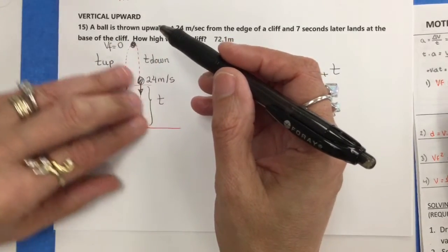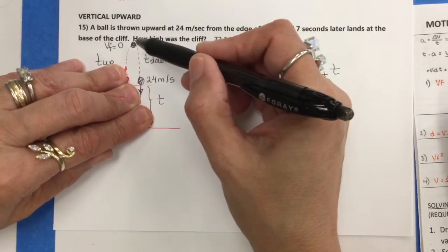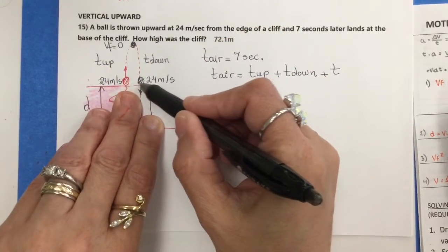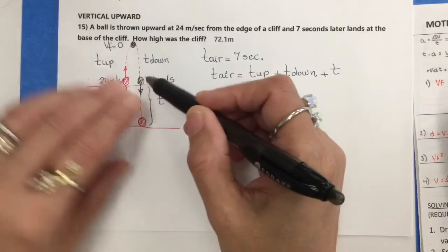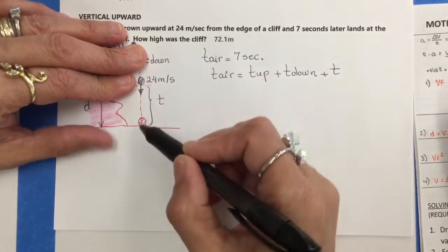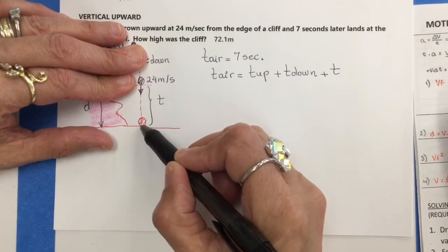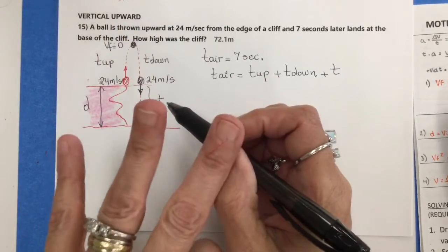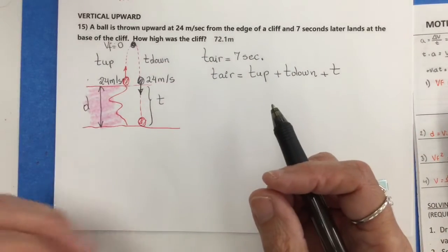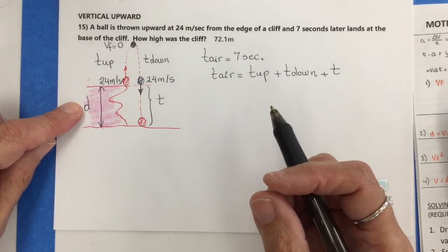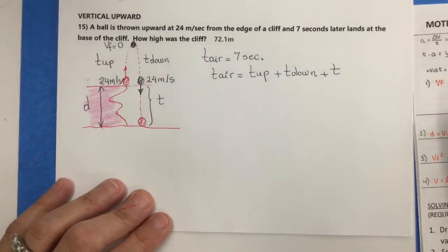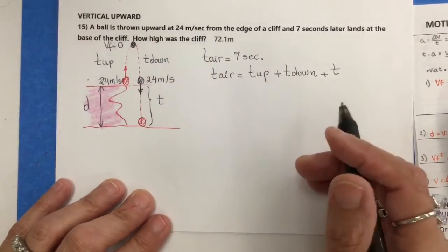We have coming down to where it changes direction, to the reference where it was thrown. And the third one is from here to the base of the cliff. So we have 3 separate motions that we need to combine together to find the height of the cliff. So to do that, we are going to find different things step by step.